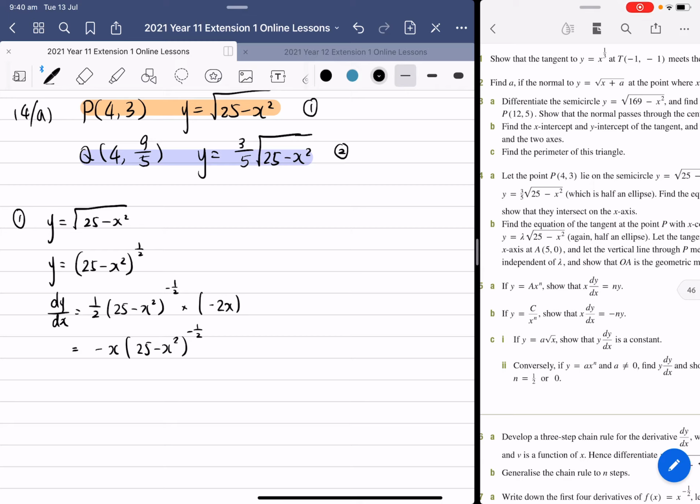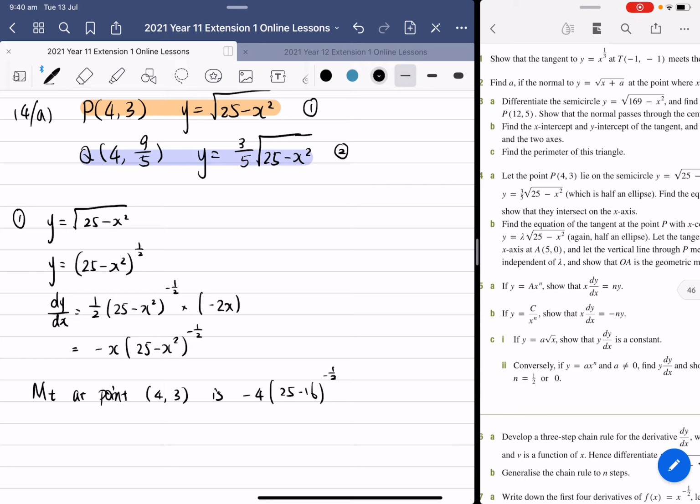Once you have finished this, you need to substitute to find the gradient of the tangent. So m tangent at point (4, 3): you just need to substitute the x coordinate into here to find the gradient of the tangent. That gives you minus 4, (25 minus 16) to the power of negative half.